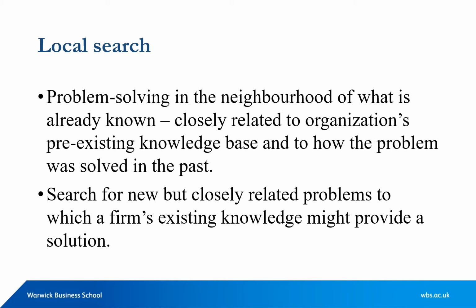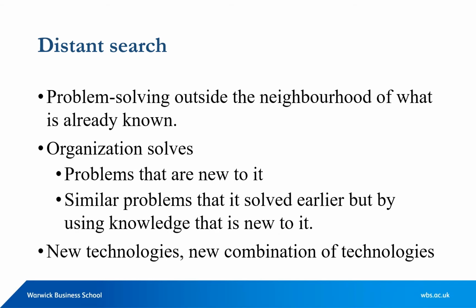Local search also means search for new but closely related problems to which a firm's existing knowledge might provide a solution. Distant search is problem solving outside the neighborhood of what is already known. Here, the organization solves problems that are new to it, or it solves problems that it has solved earlier but by using technologies that are new to it.